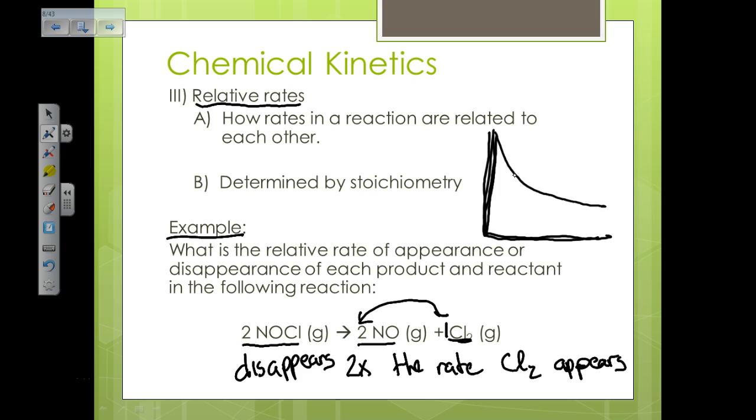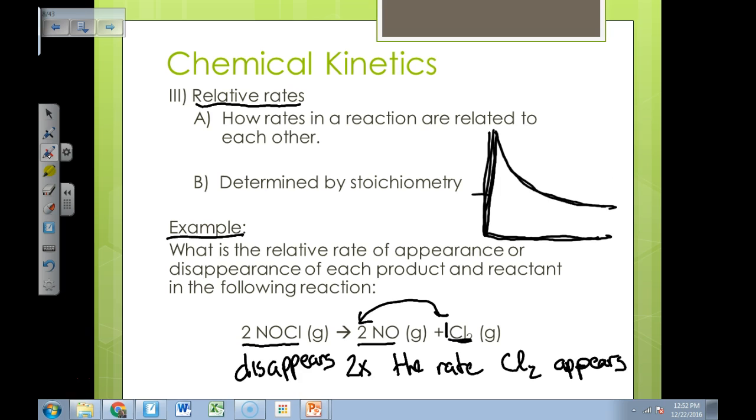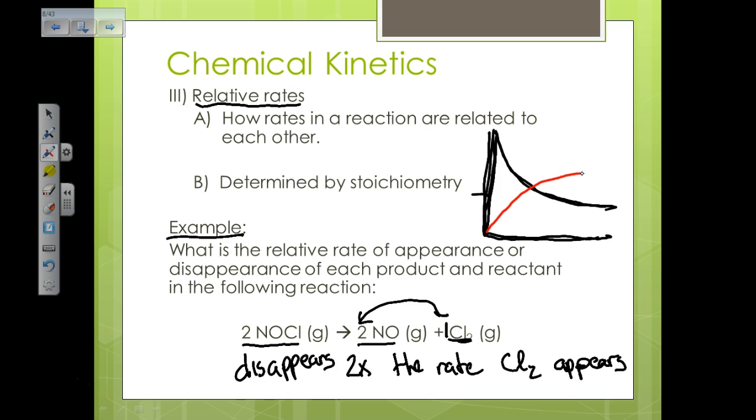It's a reactant, it's going to decrease. It may not decrease all the way to 0; it may decrease to some other value. Now in red, I'm going to draw what happens to NO. NO is going to increase, and that is going to have the same shape as the NOCl. Why does it have the same shape? Because it's a 1-to-1 ratio.